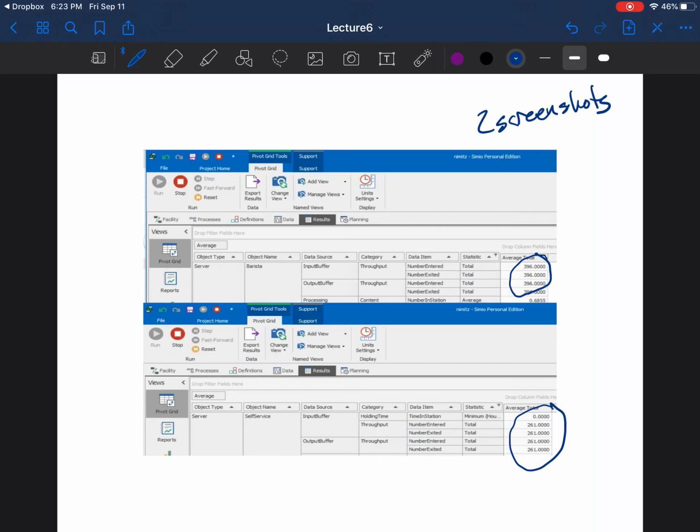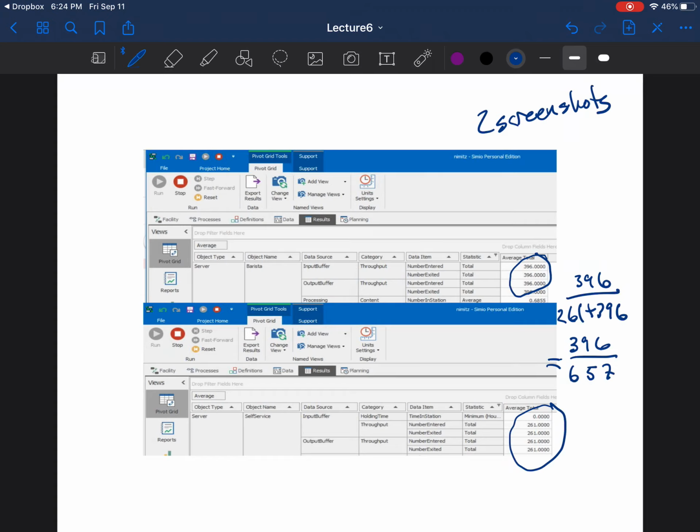And if you think about that, well, what is that? That's 396 divided by 261 plus 396, which is equal to 396 over 657.